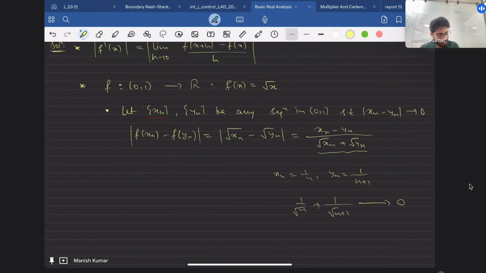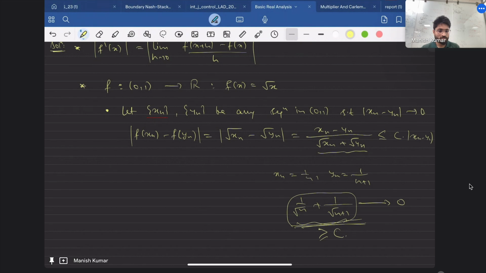So how can you find a lower bound for this? Can you say this is greater than or equal to some constant? Because I want to use that this is less than or equal to some constant times xn minus yn. So you won't be able to get this lower bound.